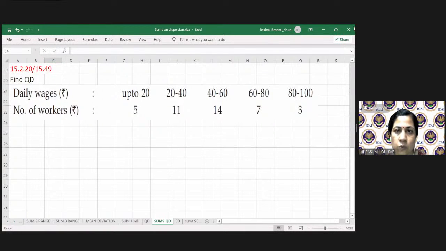Check whether the class intervals are continuous. So this is up to 20, but here again I have 20, then 40 and I have 40. So these class intervals are continuous.